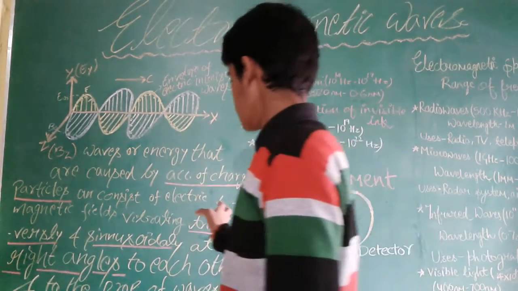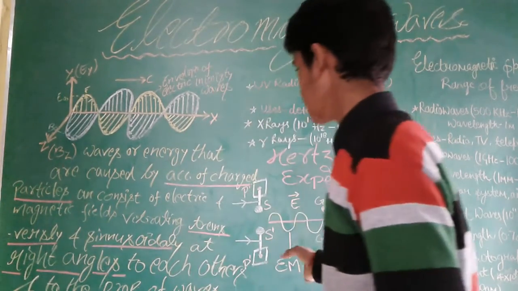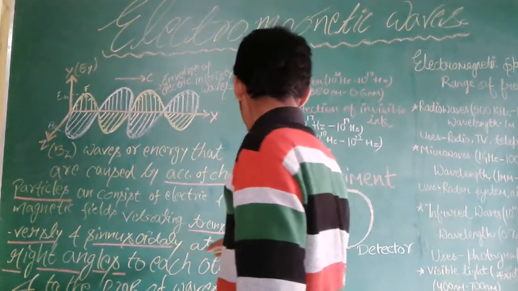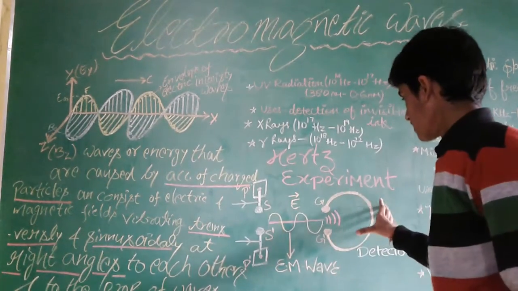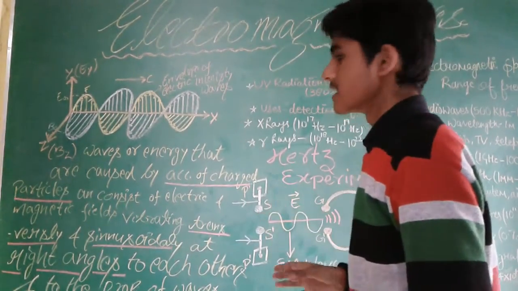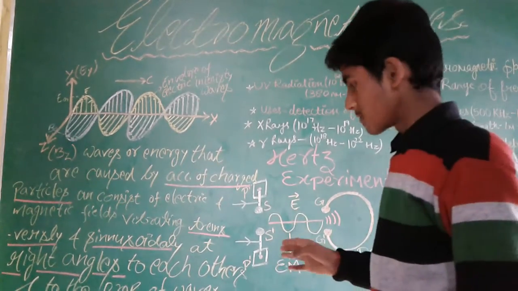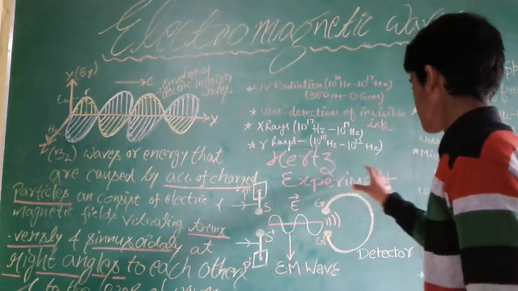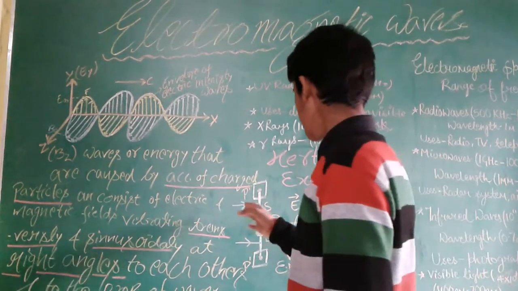Now let us see some of the important properties of electromagnetic waves, like transverse nature. For this, Hertz in 1888 performed an experiment, and this is the setup he made.